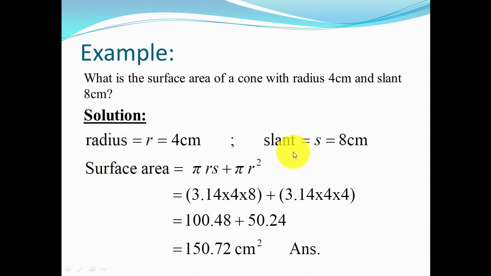We substitute the values in the formula: pi is 3.14, r is 4 centimeter, s is 8, and multiply. After this, the result is the surface area of this cone.